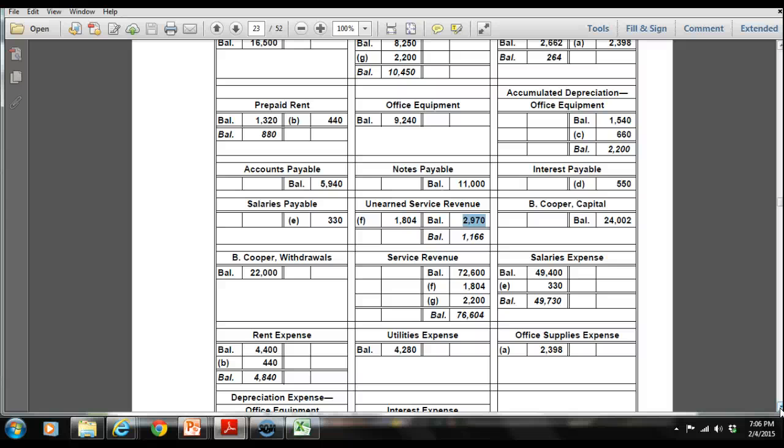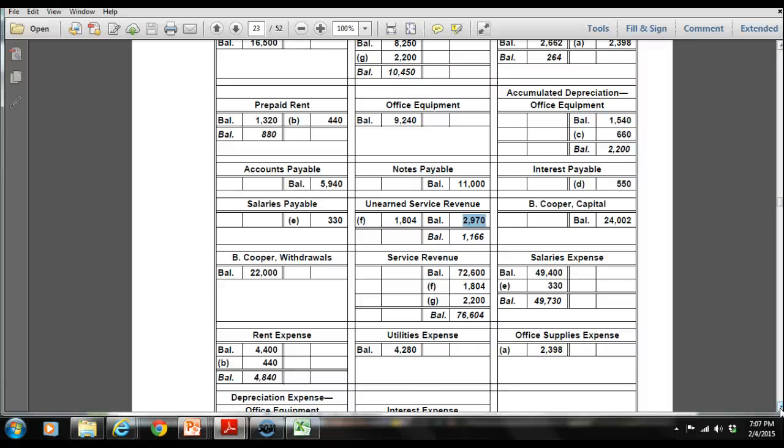Now we have interest payable, but we only have one figure, so that's our ending balance. Same with salaries payable. Our unearned service revenue is a liability account, and it has a normal credit balance. So we need to take the original balance and then subtract our debit to come up with a new balance, which is what we knew was supposed to be in the books. They told us.